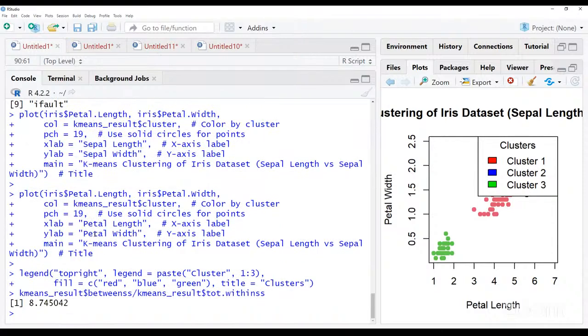Yeah, so it will be 0.874. So this result will be multiplied by 100. 0.874 multiplied by 100, so 87%.